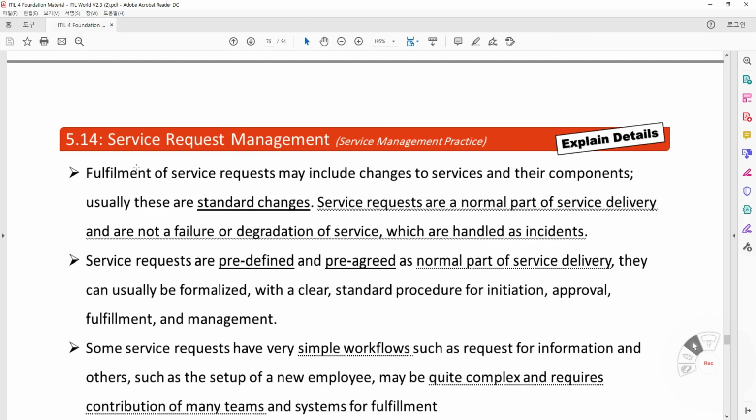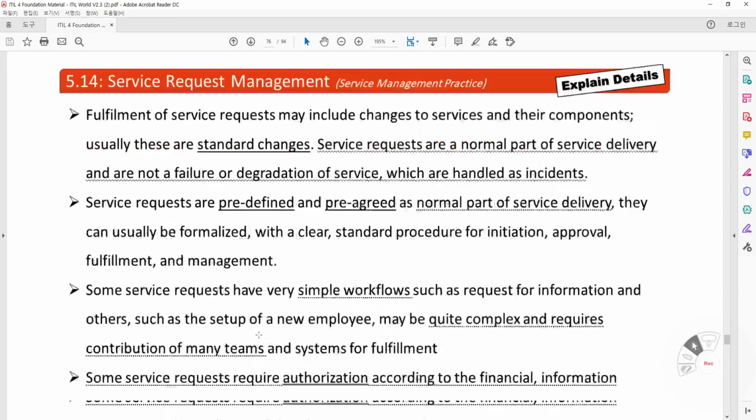Service request management. Fulfillment of a service request may include changes to services and their components. Usually, these are standard changes. Service requests are a normal part of service delivery and are not a failure or degradation of a service, which are handled as an incident. Service requests are predefined and pre-agreed as a normal part of service delivery. They can usually be formalized with a clear standard procedure for initiation, approval, fulfillment, and management.